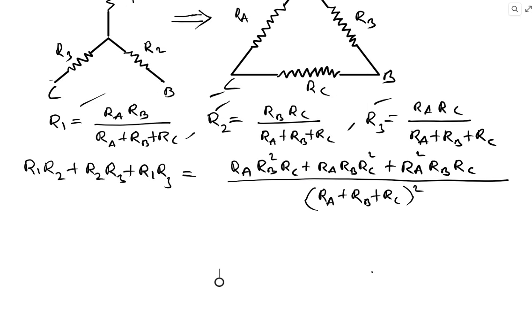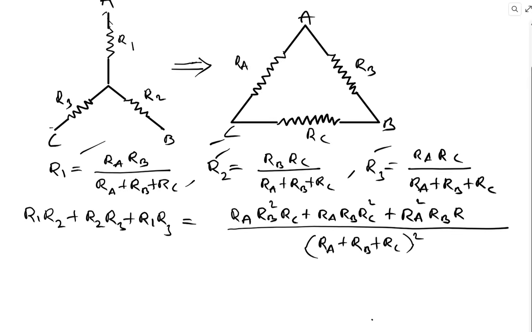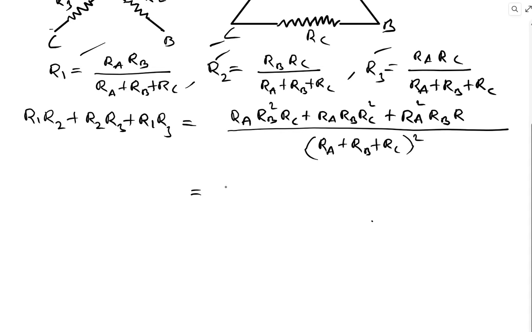So I can take RA RB RC out of this. In the first term we get RB, in the second RC, in the third RA.